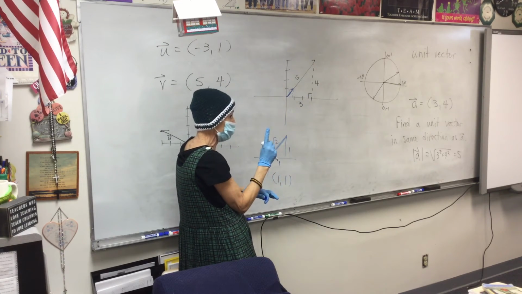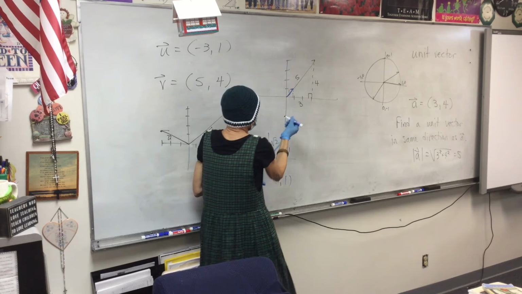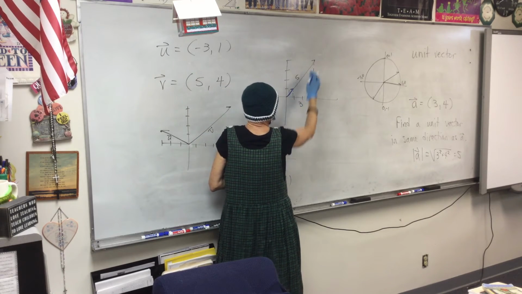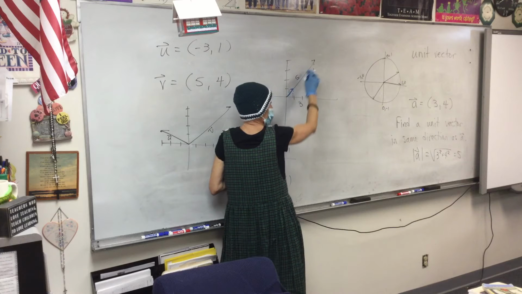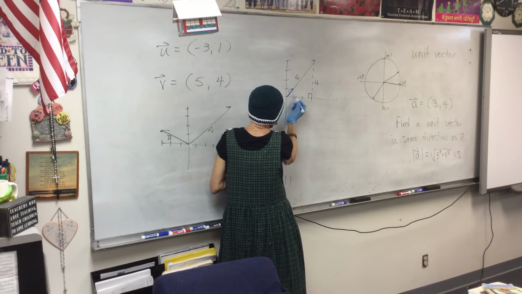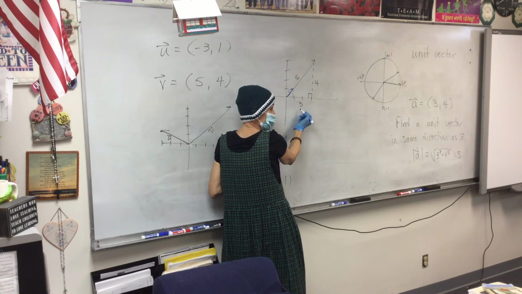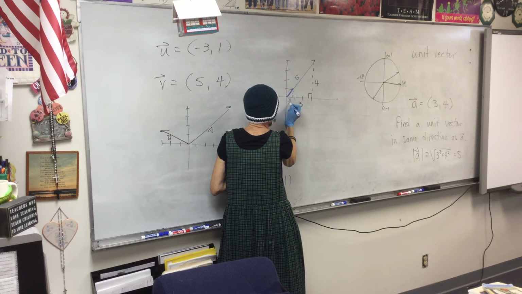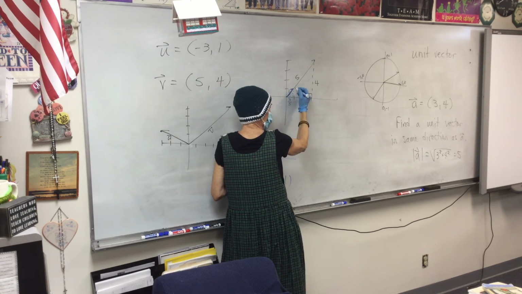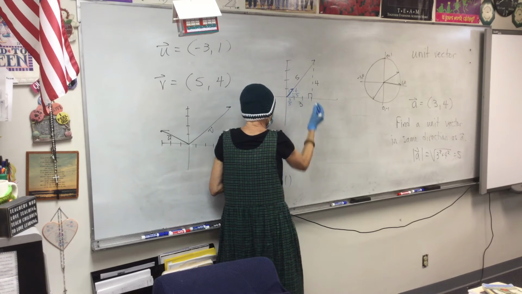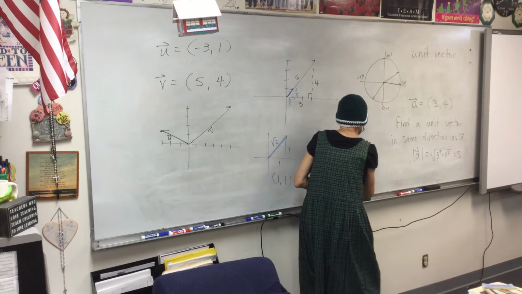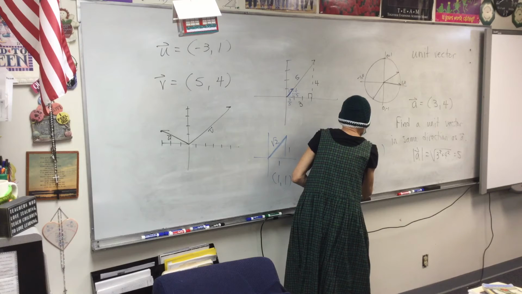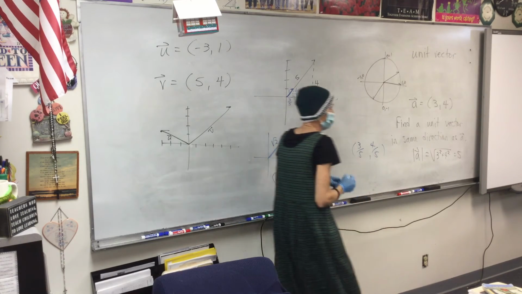I want it to be only 1 unit long. So what would this be? If this is going to be a 1/5 as long, then this side would also have to be a 1/5, which would mean this is how long? 3/5. And this would be how long? 4/5. So the coordinates of your unit vector are 3/5, 4/5.